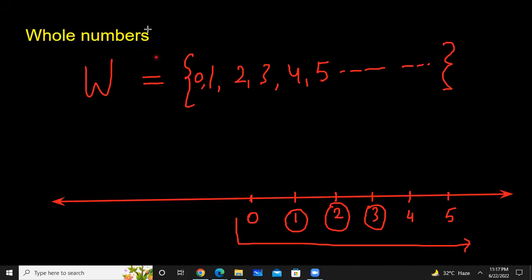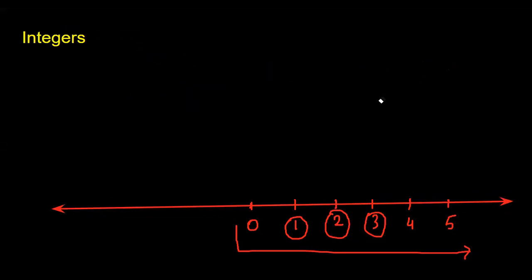Now after whole numbers come integers. So what are integers? As we see, this number line is extending in both directions. So we can extend this counting in the left direction, and we call these numbers -1, -2, -3, -4, and so on. As you see, these negative numbers can also extend in this direction infinitely. So we have infinitely many negative numbers also.